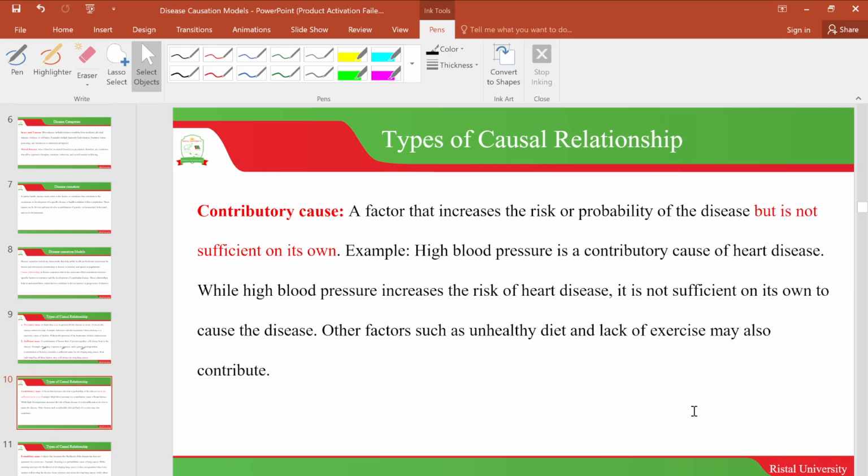So we can say high blood pressure can result in heart disease, but you can have other contributing factors working together to contribute to the heart disease, but the high blood pressure alone may not. May not, and that is the key word, may not, really result in heart disease. Okay, so this is very important.